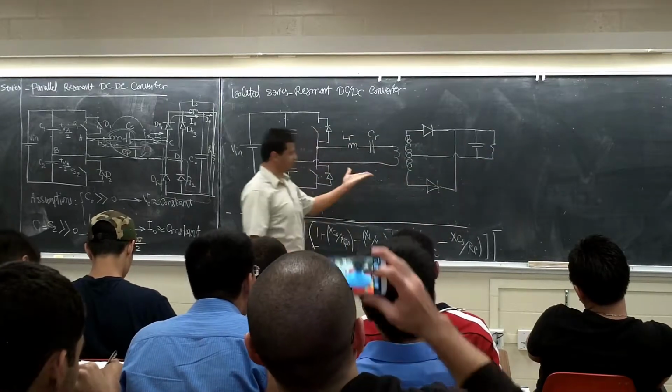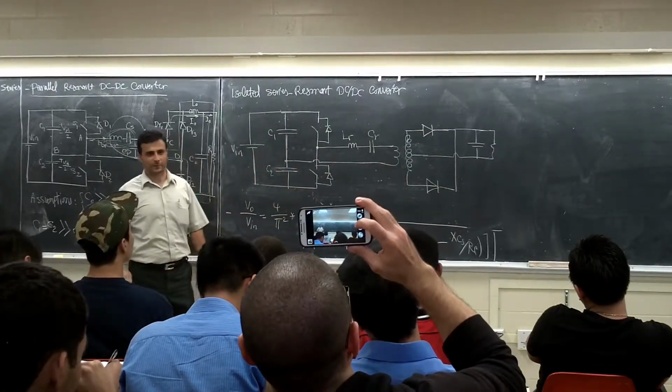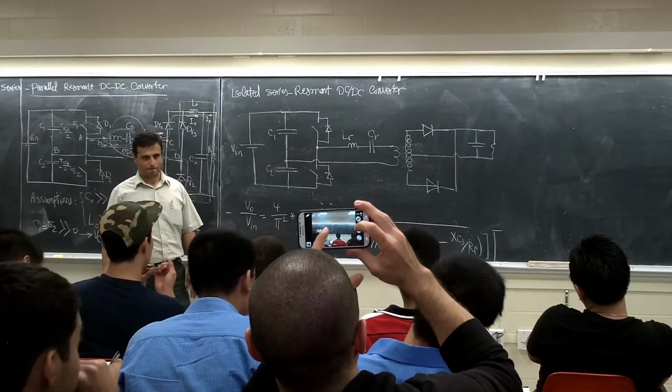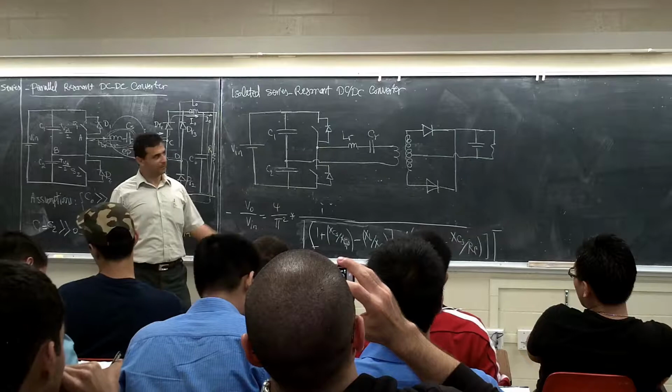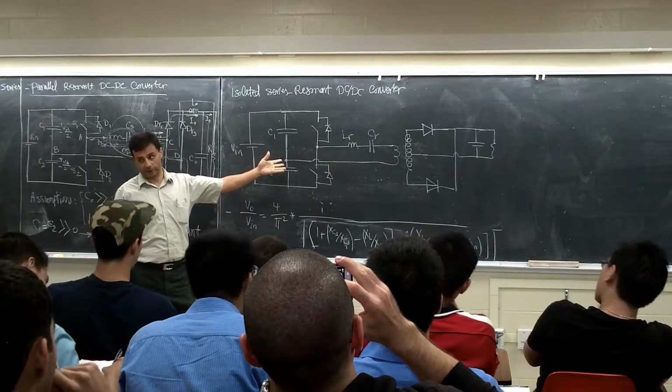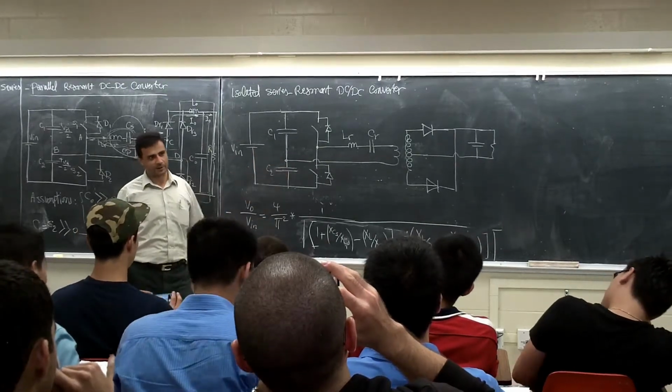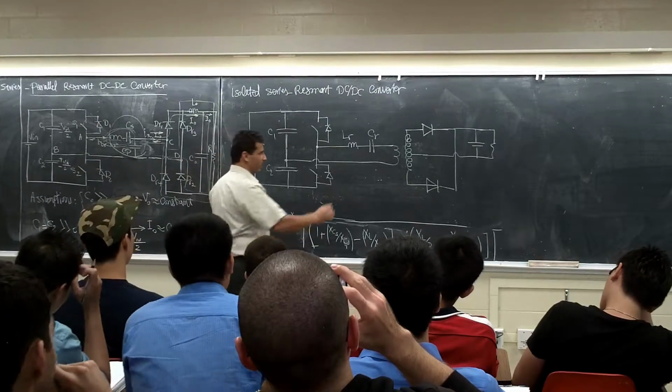That's a full wave rectifier with the center tap transformer, right? Some people said, okay, we don't have a full bridge, it's a half bridge, right? Why do I put this capacitor here?